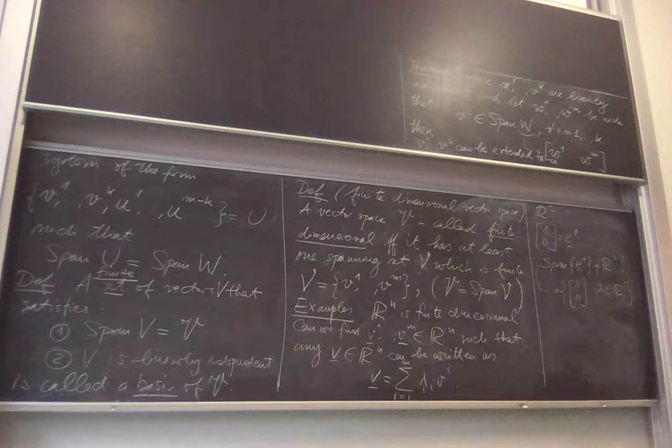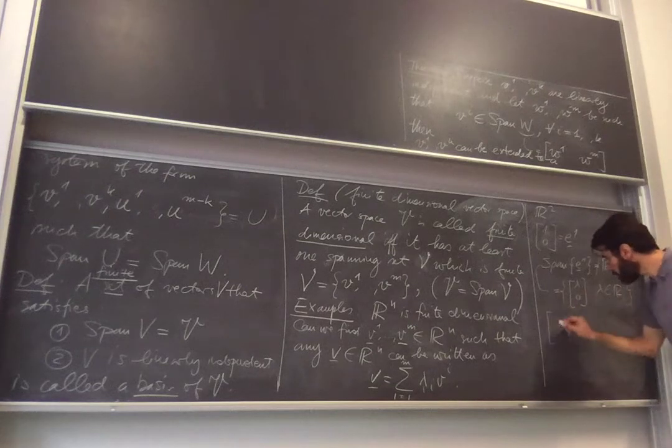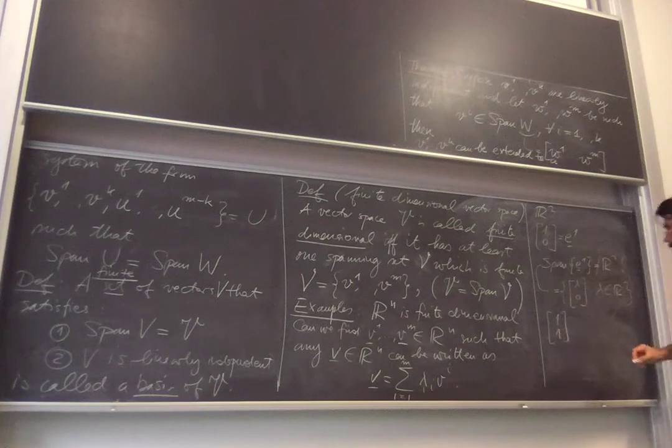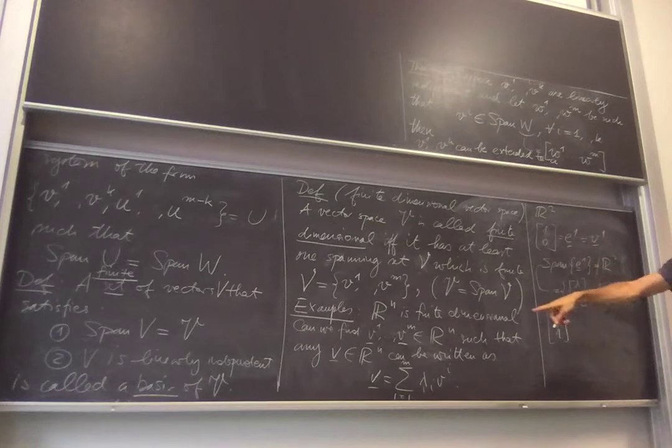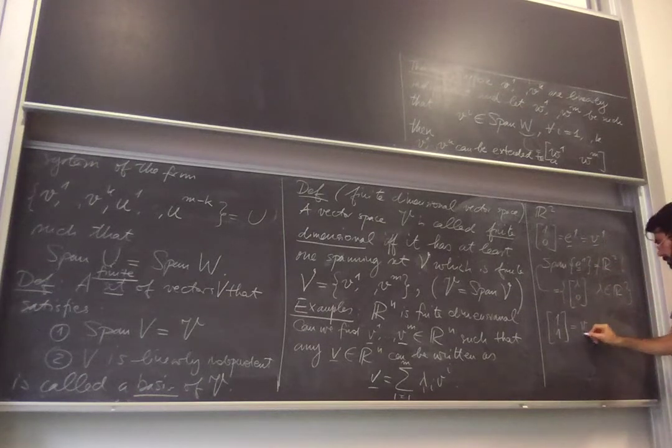Can you find another vector in R2 that will span? For example, you take (1, 1). Now here we have two vectors. Let's call this one V1 just to conform with that notation, and this one V2. Will V1 and V2 together span all of R2?